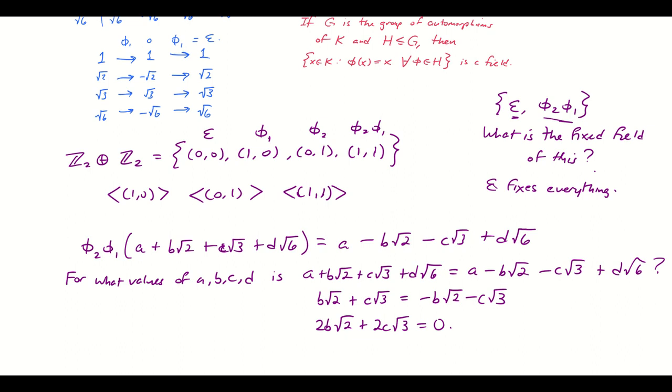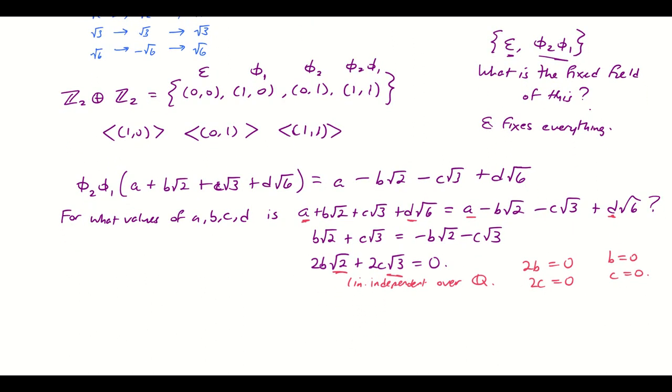And I know that these are linearly independent over the rationals, which means for that to be equal to 0, I need both 2b and 2c to equal 0. So I need b equal to 0 and c equal to 0. That being said, a and d can be whatever I like. A and d can have any values whatsoever, and that won't interfere with this element being fixed.